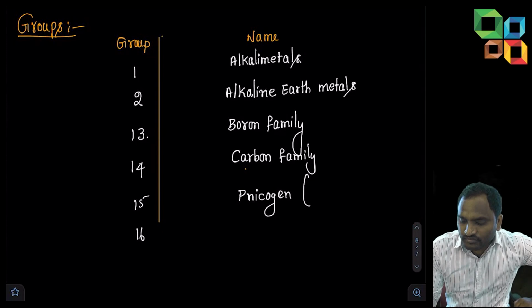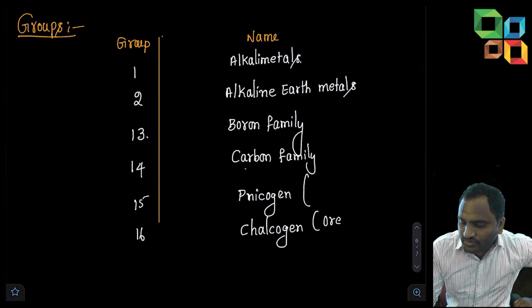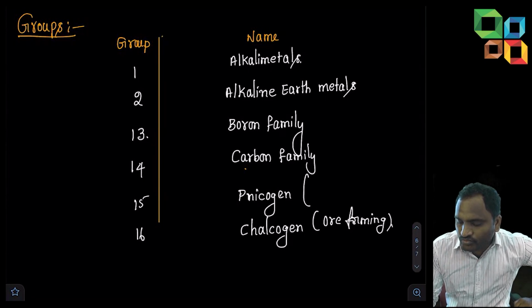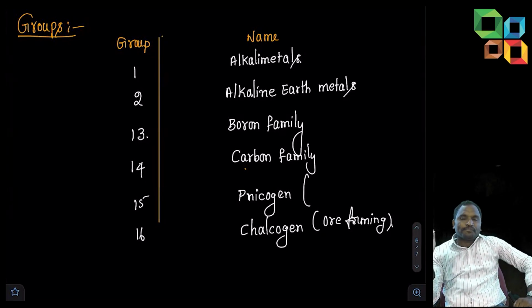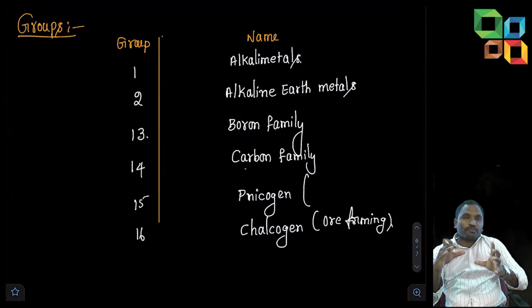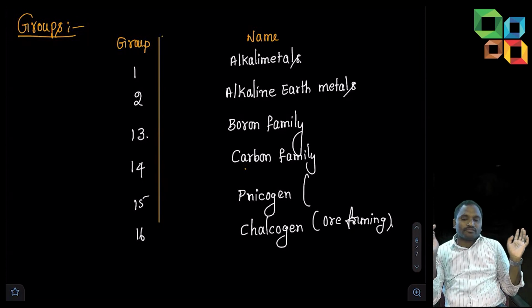Next one, 16th group, chalcogens. Chalcogens means ore forming elements or ore generators. Here, ore forming means most of the ores are available in the form of oxide, sulfide.